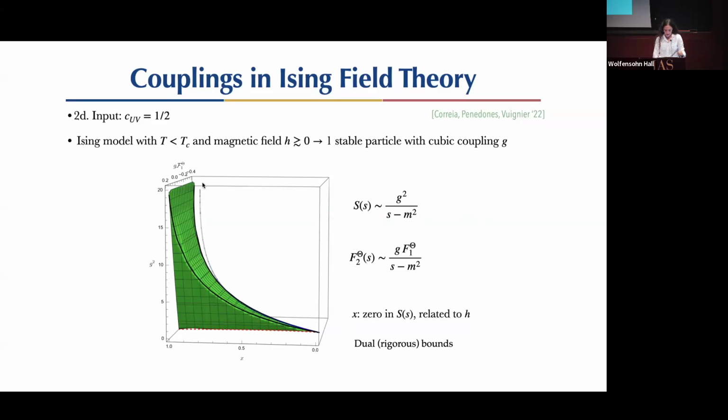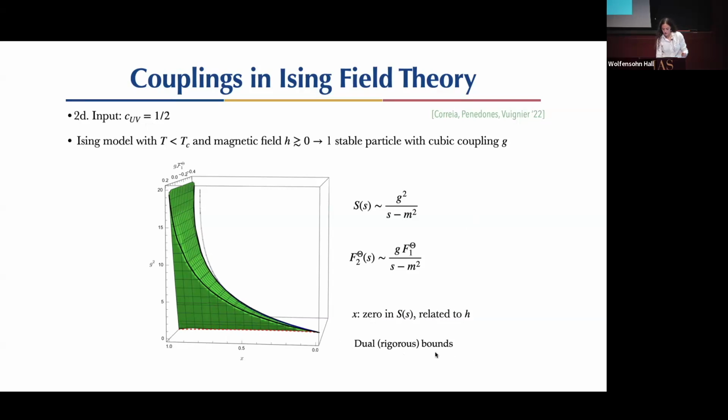This plot tells you the allowed values for the parameters: G, the cubic coupling, this F1, and some X, which gives you the position of a 0 in this amplitude that is related to the magnetic field. If you input C UV equal 1/2, they get this pyramid in which Ising field theory should live.